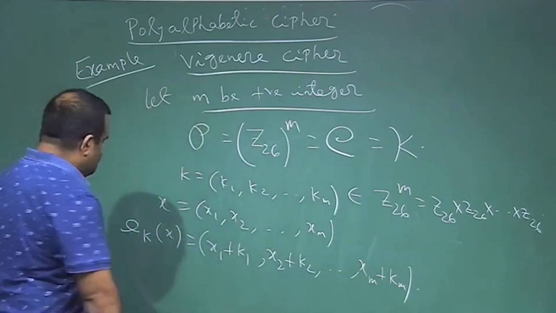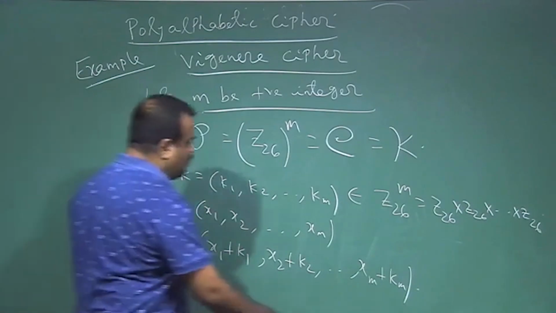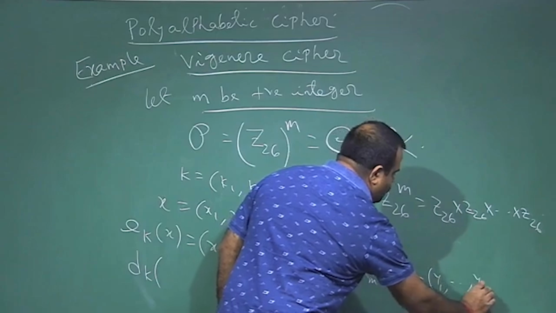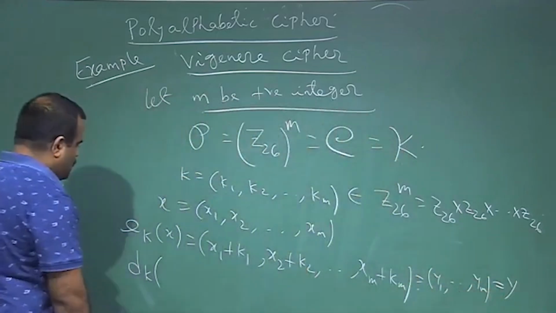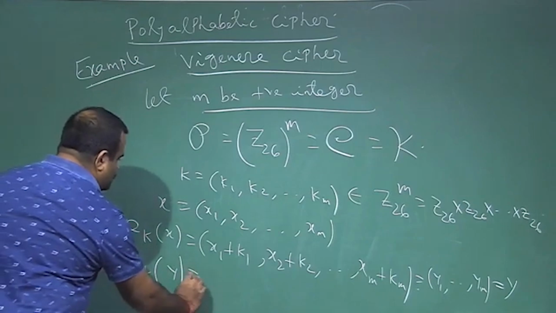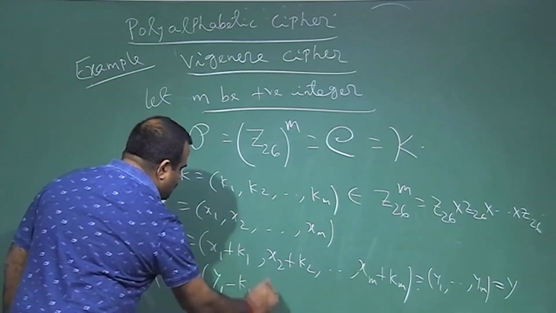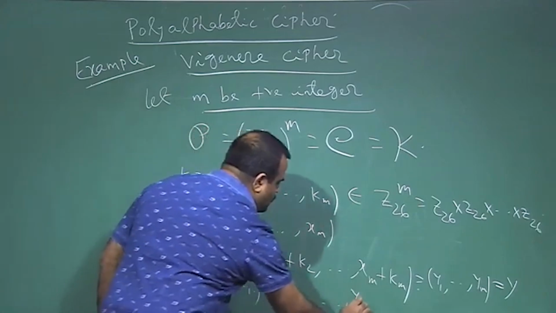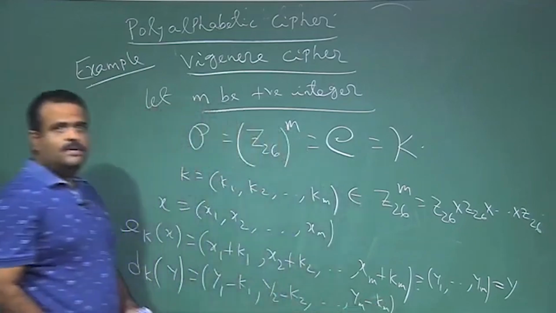Okay. And decryption is basically, so this is say y, y1, y2, up to ym. So, this is the y vector. Now, decryption on the y vector is basically y1 minus k1, comma, y2 minus k2, comma, dot dot dot, ym minus km.